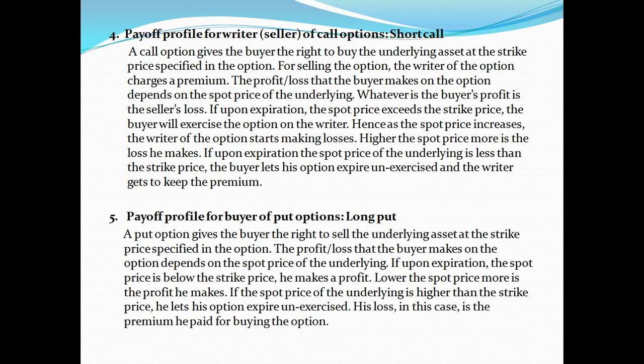If upon the expiry the spot price exceeds the strike price, the buyer will exercise the option on the writer. Hence as the spot price increases, the writer of the option starts making losses. It is the reverse of the previous. The higher the spot price, the more losses he makes. If on the expiry the spot price of the underlying is less than the strike price, the buyer lets his option expire unexercised and the writer gets to keep the premium.